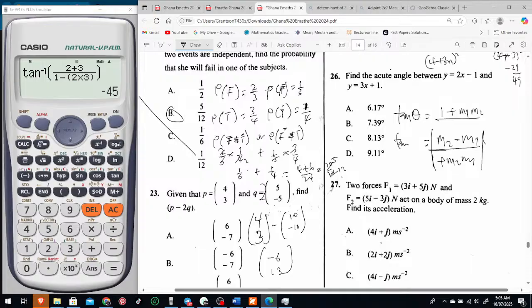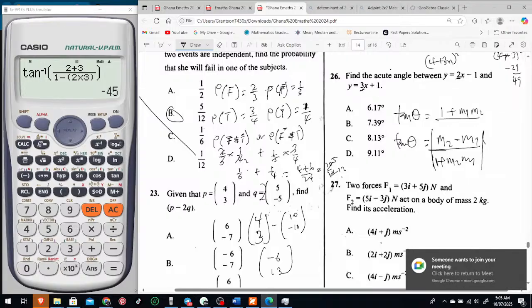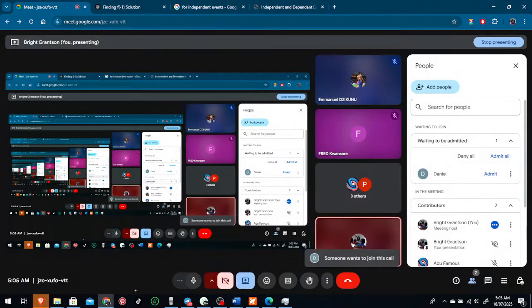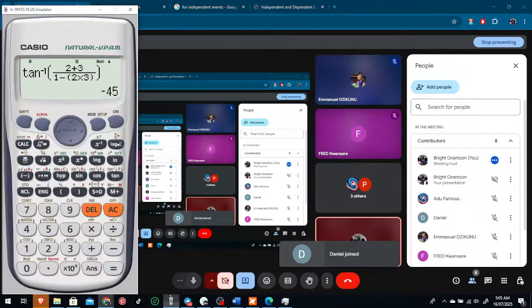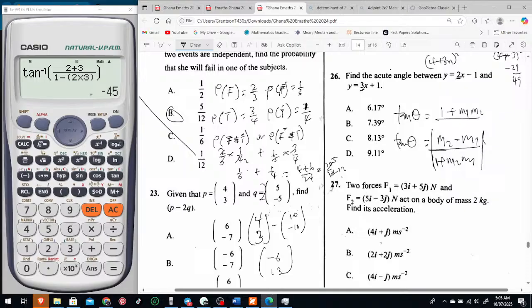Here's what I remember. So this M1 M2. 1 plus, it's 1 plus. 35.